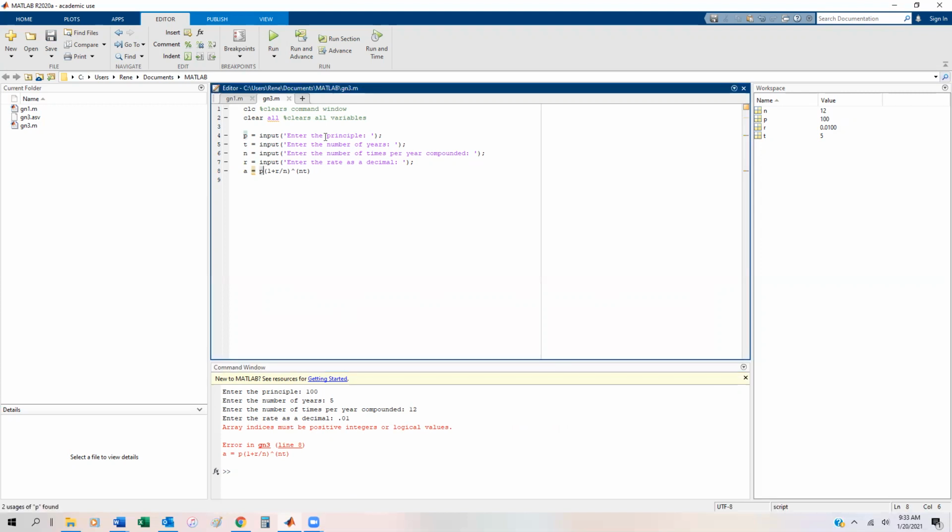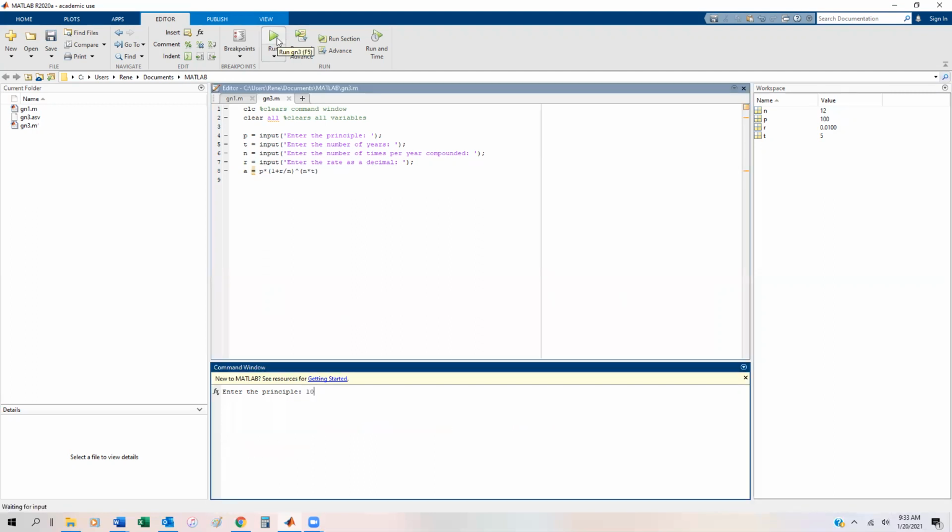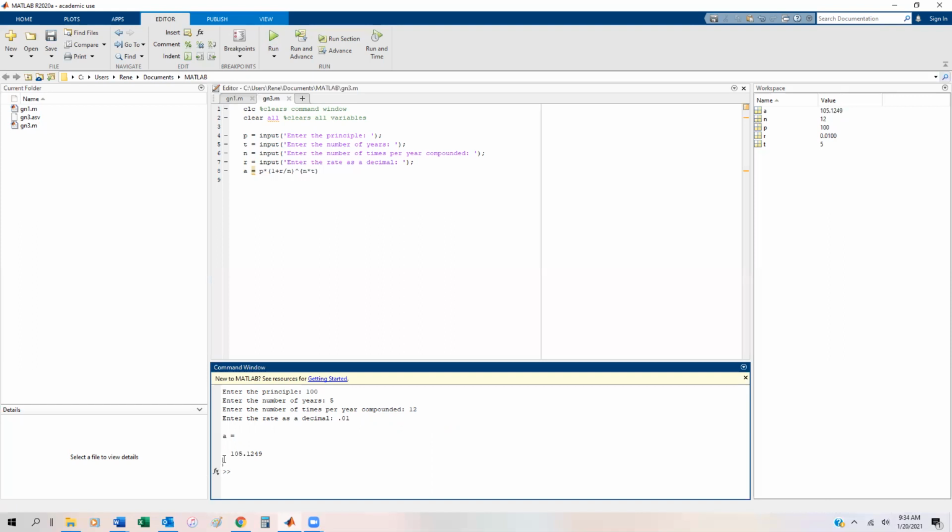What I forgot to do intentionally was put in the explicit multiplication. So if I run it now, at 100 over 5 years, 12 times, and 0.01, then we get $105. And that seems pretty logical, doesn't it? If over 5 years we're only at 1%, we shouldn't get a whole bunch of money out of that.